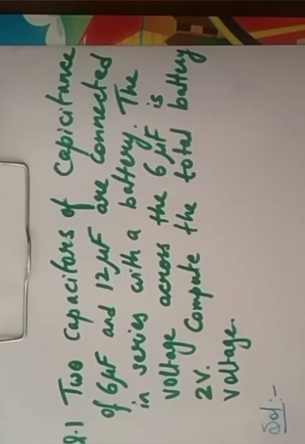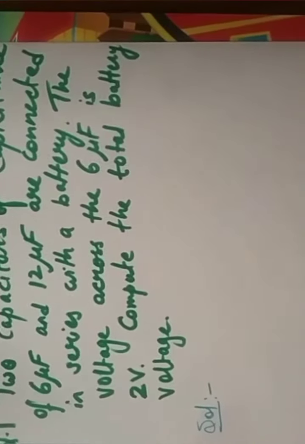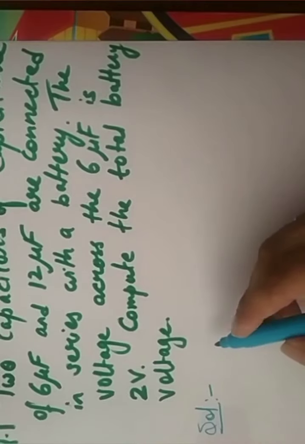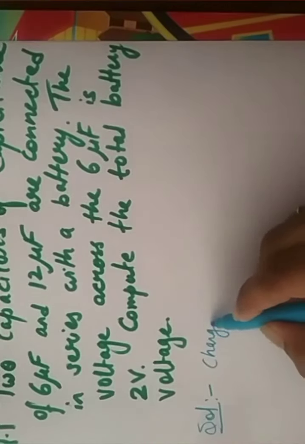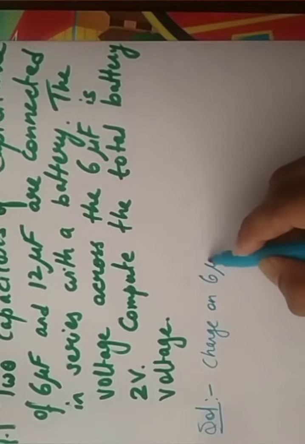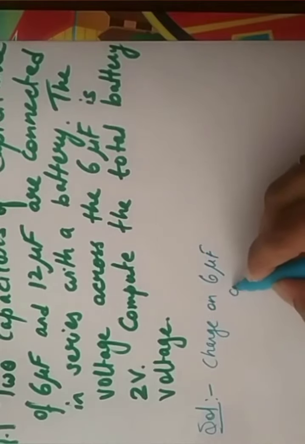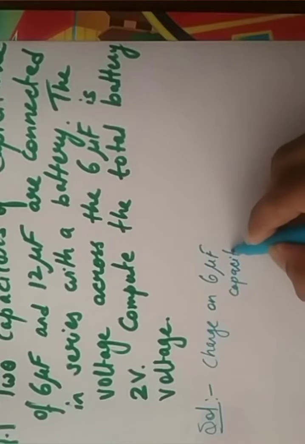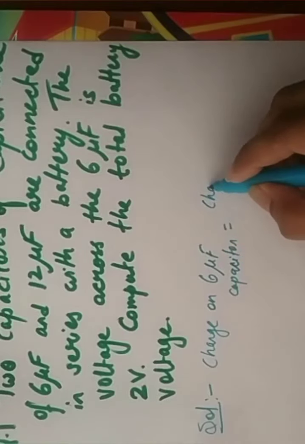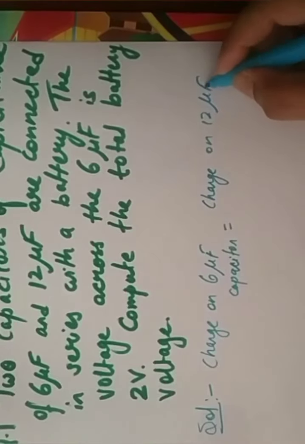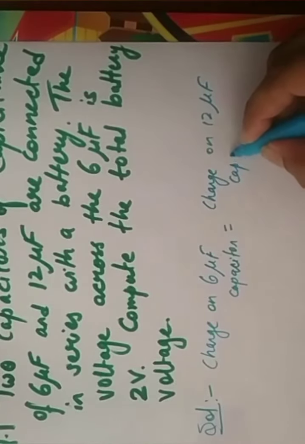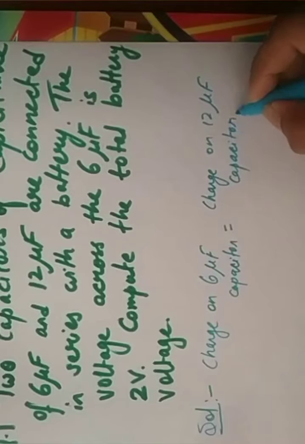While solving, since they are connected in series, the charge on each capacitor will be the same. So the charge on the 6 microfarad capacitor will be equal to the charge on the 12 microfarad capacitor, as they are connected in series.